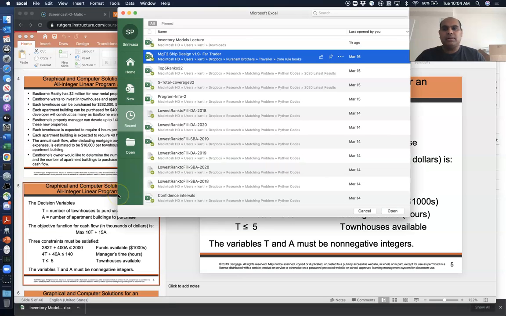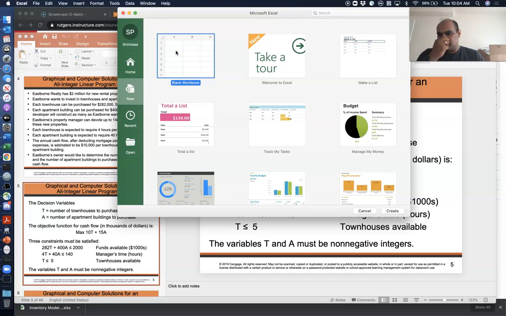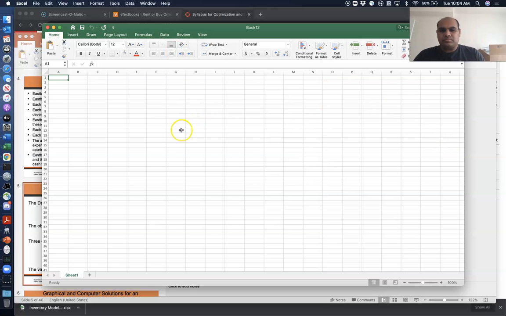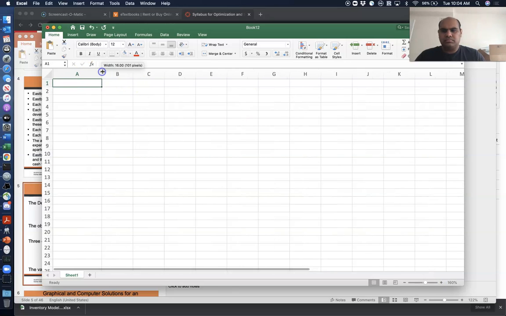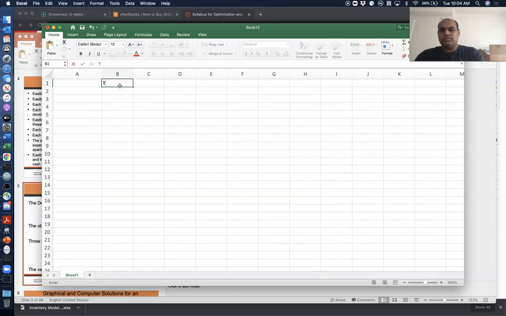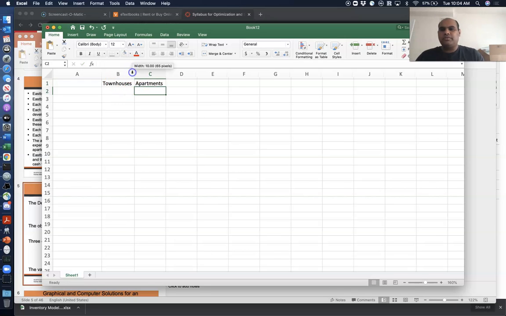Let's do that quickly. So you have townhouses and apartment buildings, apartments, right? So those are 2 variables, T and A. You have decision variables, right?